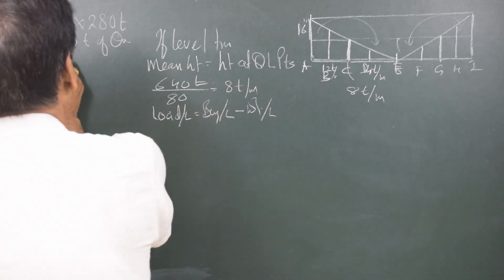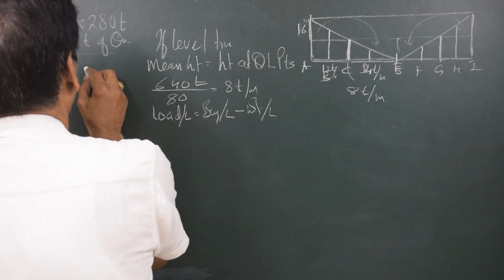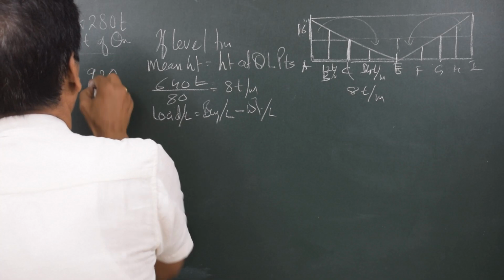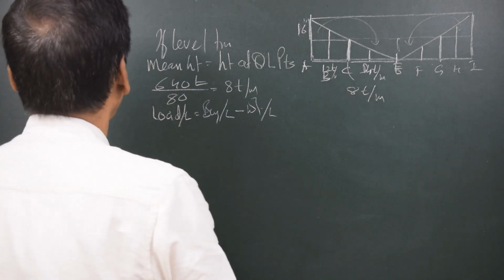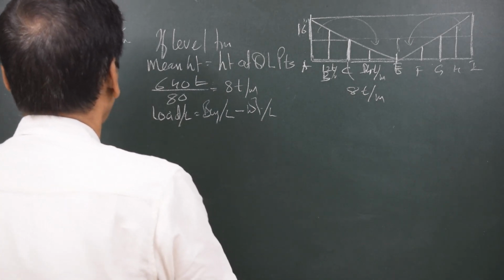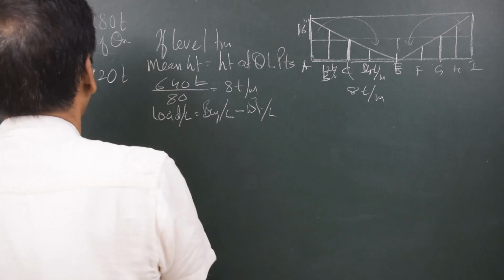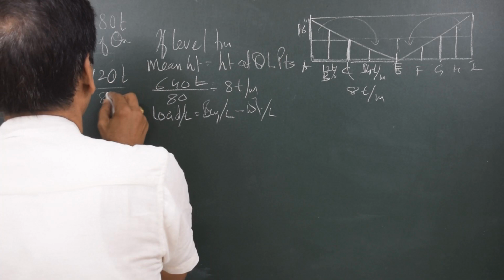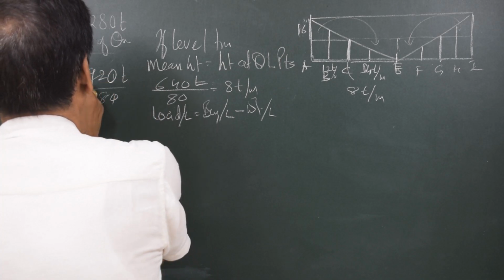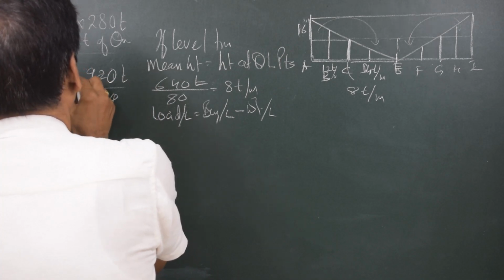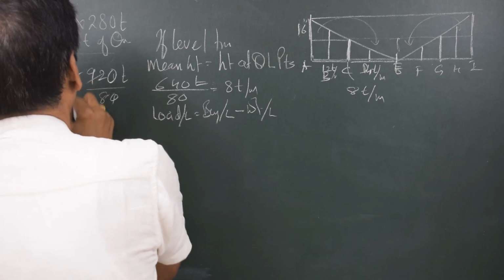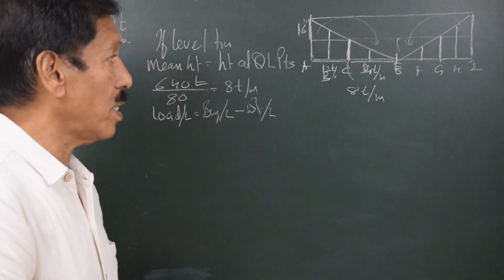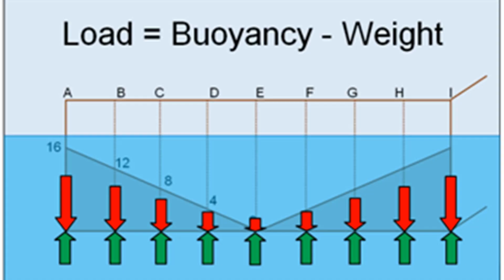The total buoyancy would be the total weight, 280 plus 640, 920 tons spread over a distance of 80 meters. I get 11.5 tons per meter as the buoyancy. Now this is the mean buoyancy of the barge.